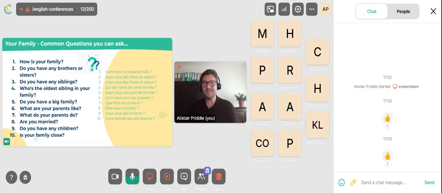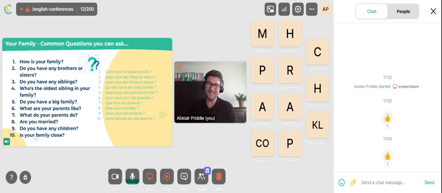Who's the oldest sibling in your family? Do you have a big family? What are your parents like? What do your parents do? Are you married? Do you have any children? Is your family close?